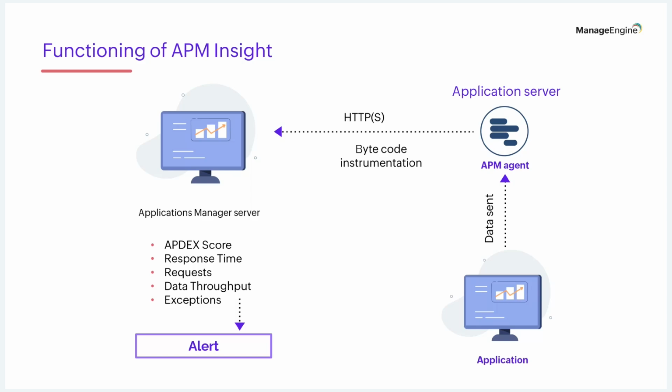The tool offers code-level visibility, allowing monitoring of performance by capturing real-time user interaction with the application. Users can configure alerts and notifications based on predefined thresholds for the metrics that impact their application performance. As I mentioned, when the application performance reaches this threshold, the tool will send an alert to the IT team.